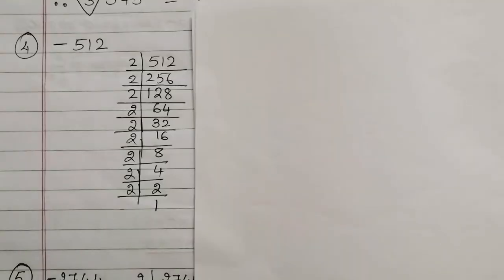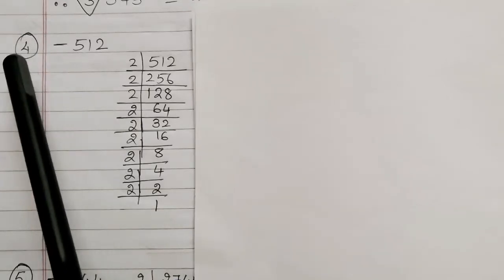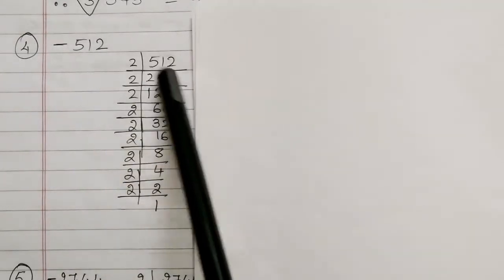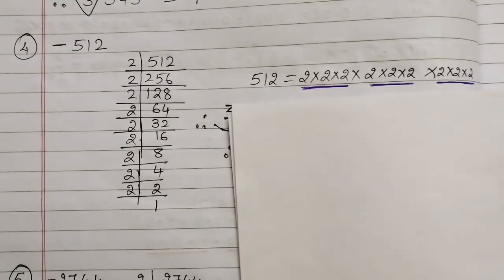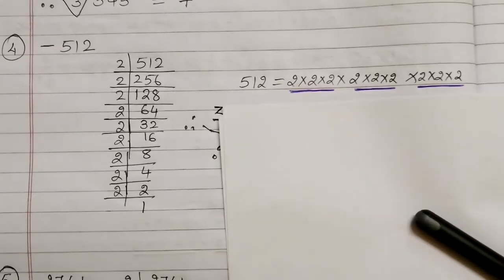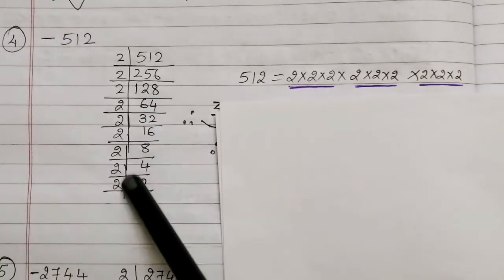Now cube root of a negative number, negative 512. We will find the prime factors forgetting the negative sign. Forget the negative sign, as you are finding the prime factors of a positive number, solve like that. So 512's prime factorization you will do like this, and after that you will write 512 is the product of 2s like this, what we got here.